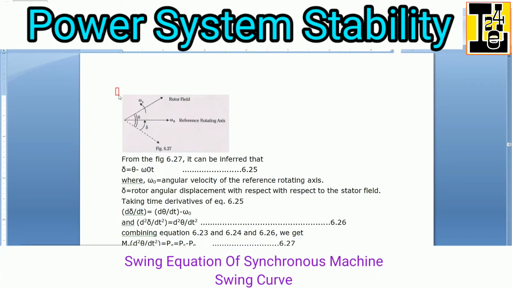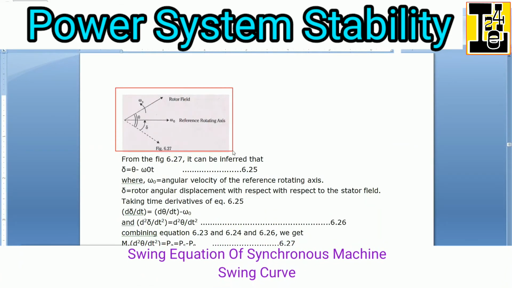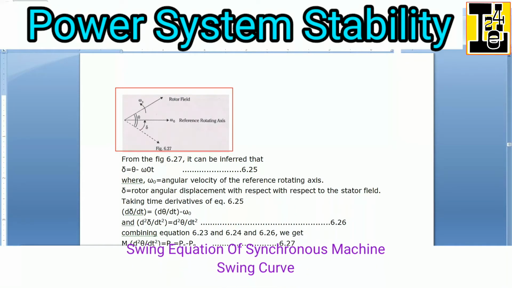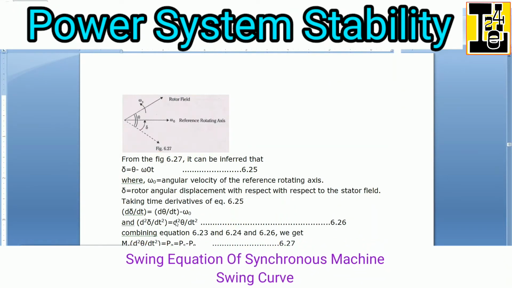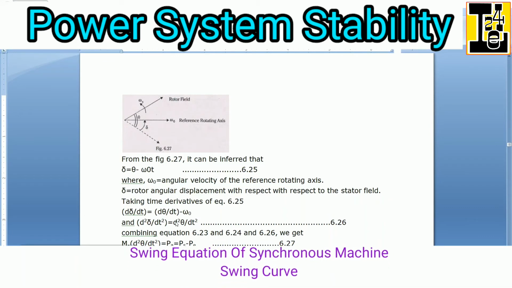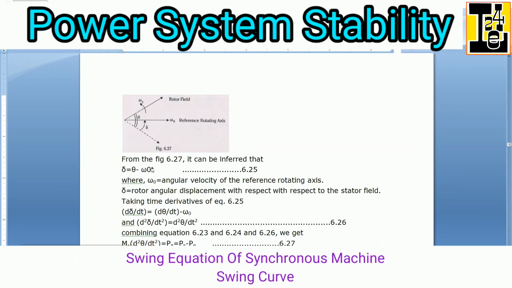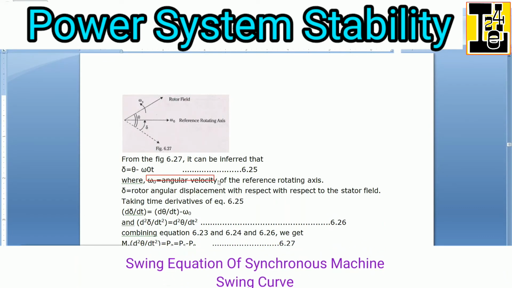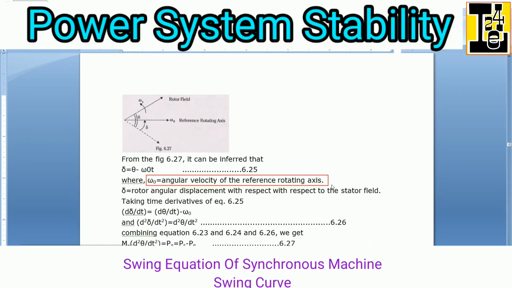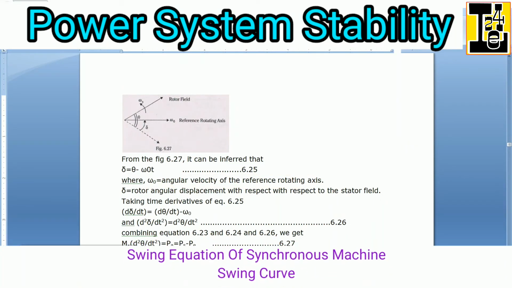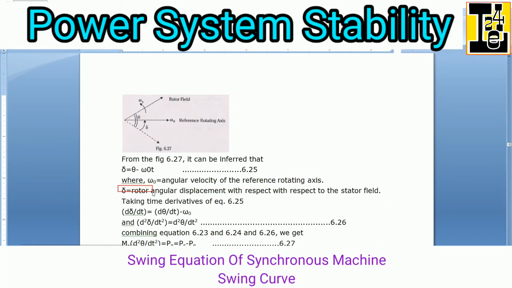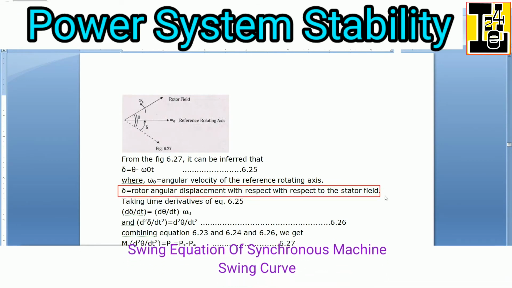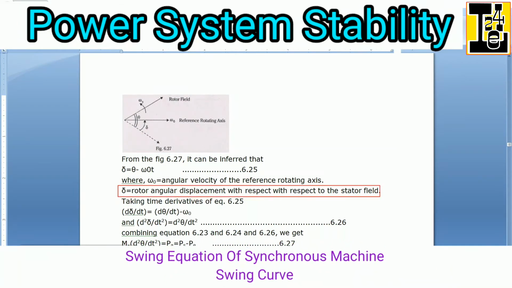From this figure, it is inferred that delta equals theta minus omega naught t, where omega naught is the angular velocity of the reference rotating axis. Delta is the rotor angular displacement with respect to the stator field.